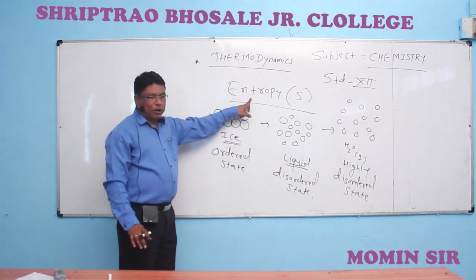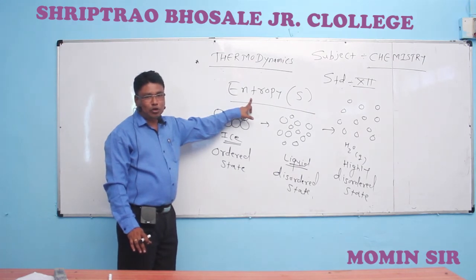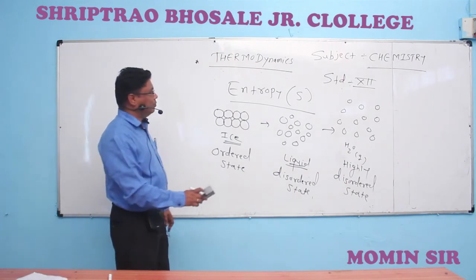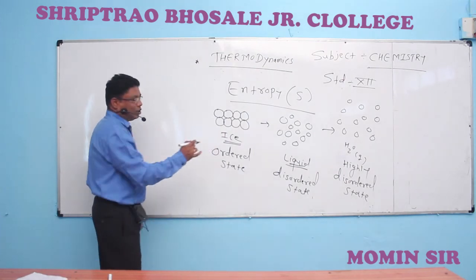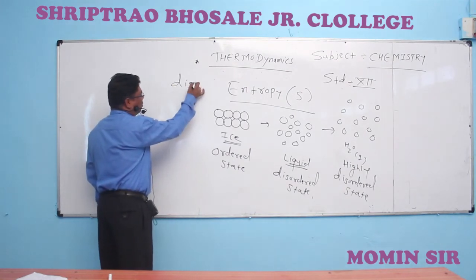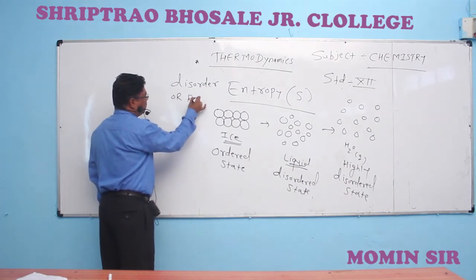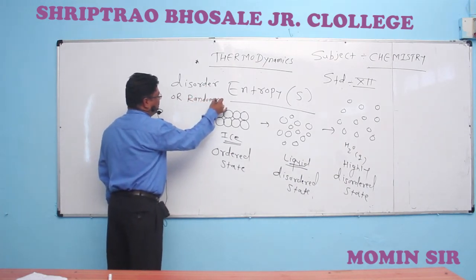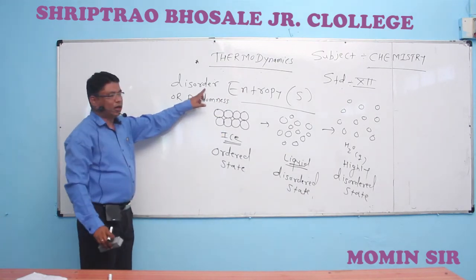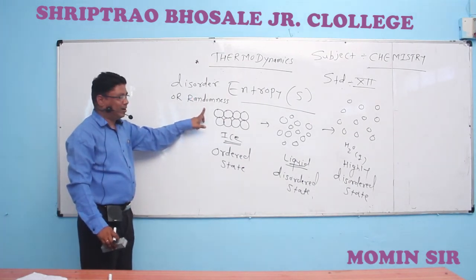So here, what is entropy? Entropy is a thermodynamic property used to measure disorder or randomness.